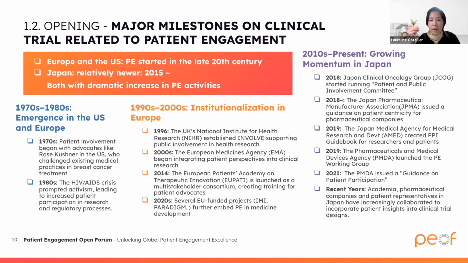You also have AMED, the Japan Agency for Medical Research and Development, that's funding projects, which also created a guidebook. And then PMDA, the Japan regulator, also launched a patient engagement working group, and more is happening. So now it's a real momentum. So much is happening here and there.